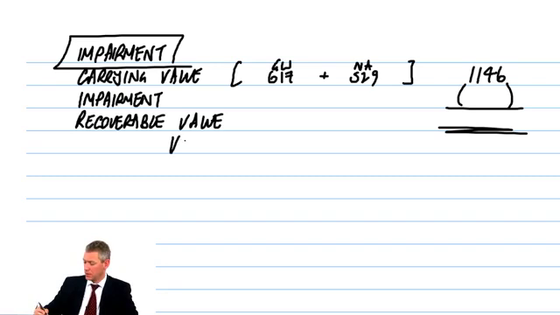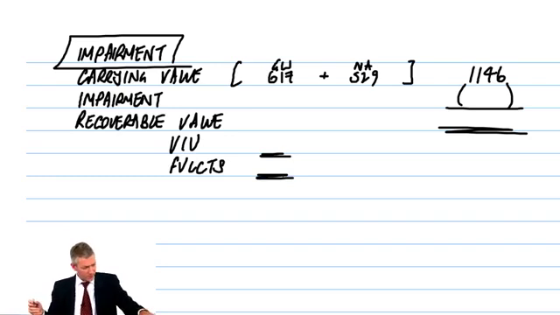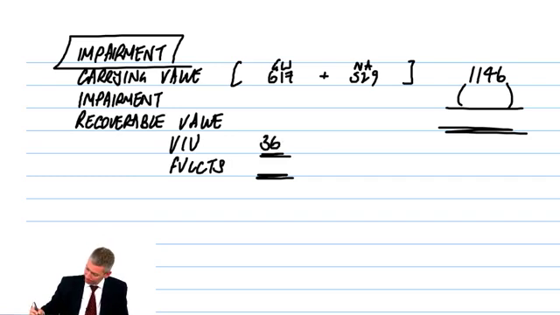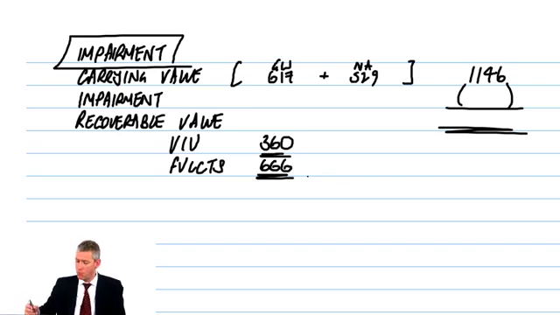Keep an asset and use it generates VIU. Sell an asset generates fair value less costs to sell. And we have those numbers as given in the question, which is 360 and 666, the number of the beast. And of course that's the number that we'll use because it's the higher.